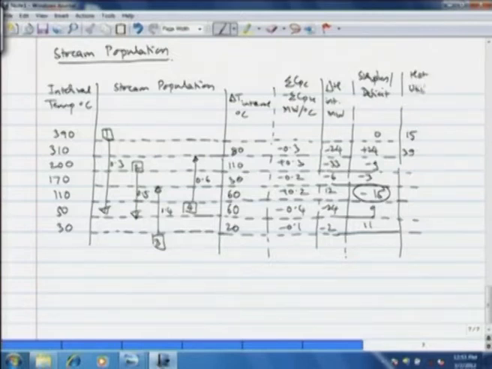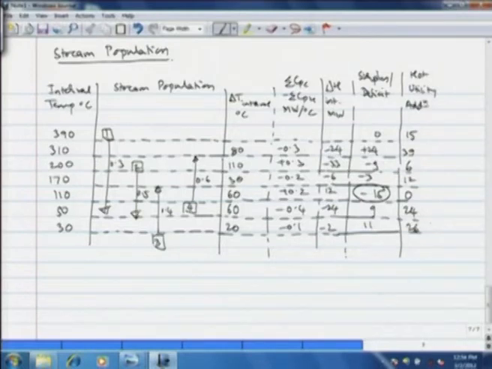After hot utility addition, the cumulative delta H in each interval is 15 megawatt in the first, then 15 plus 15 minus minus 24, so 39, then 39 minus 33, that is 6, 6 minus minus 6, 12, then here it becomes 0, 12 minus 12, and then 9, this is minus 24, so plus 24, and 24 minus minus 2, that is 26.